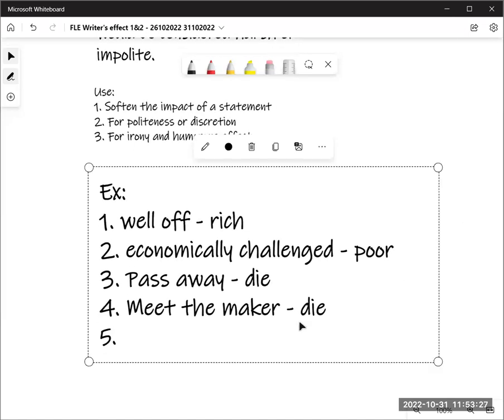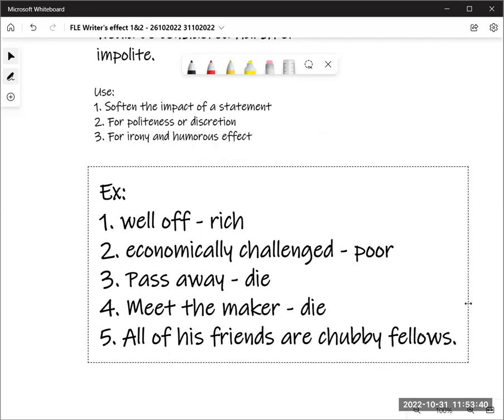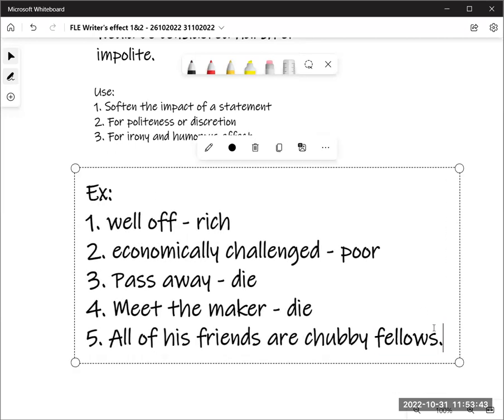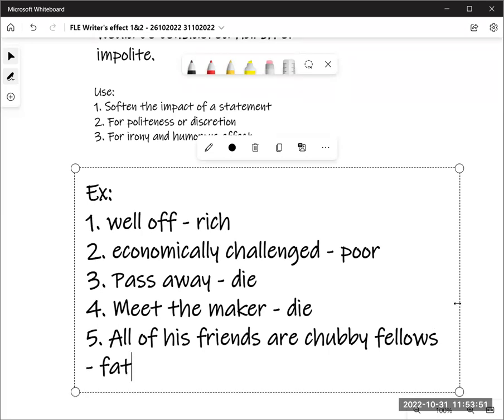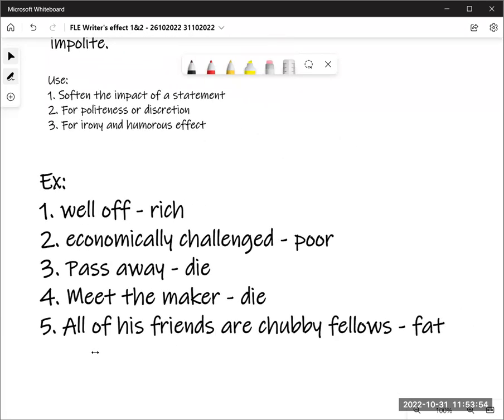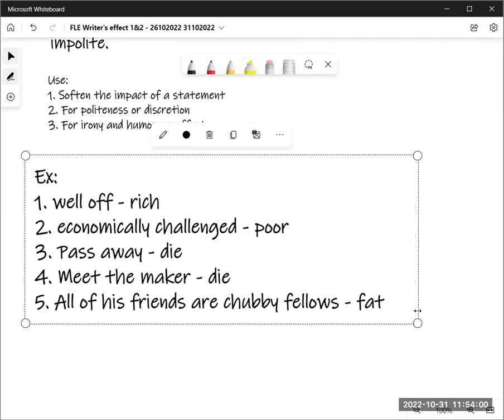Another one: all of his friends are chubby fellows. Chubby is for saying someone is fat. So chubby is one way of not saying fat. If you would say all of his friends are fat, that would feel rude.